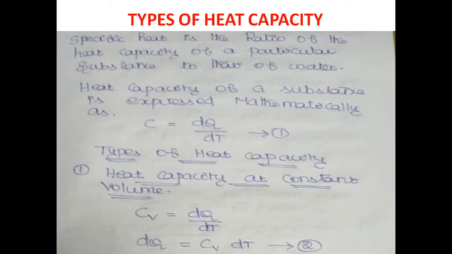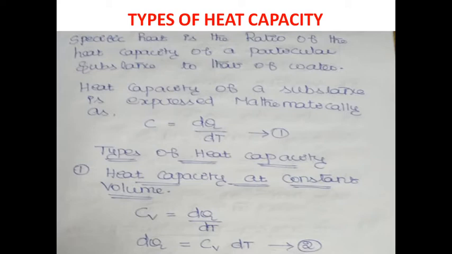Heat capacity is defined as the amount of heat required to increase the temperature of 1 kg of a substance by 1 Kelvin. So, heat capacity of a substance is expressed mathematically as capital C is equal to dq by dt.